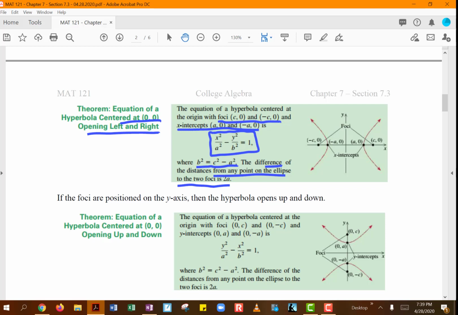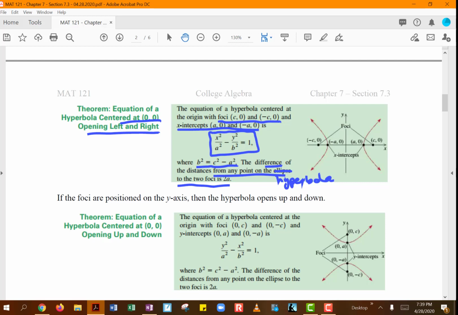The difference of the distances from any point on the hyperbola to the two foci is 2a. Okay, so again, this is a hyperbola centered at (0, 0), opening left and right, and your equation is going to be x squared over a squared minus y squared over b squared equals 1.